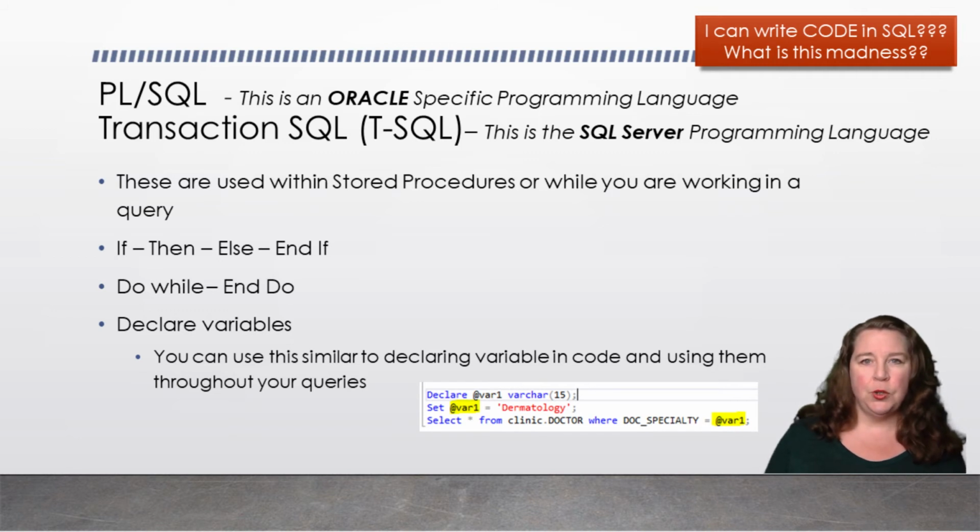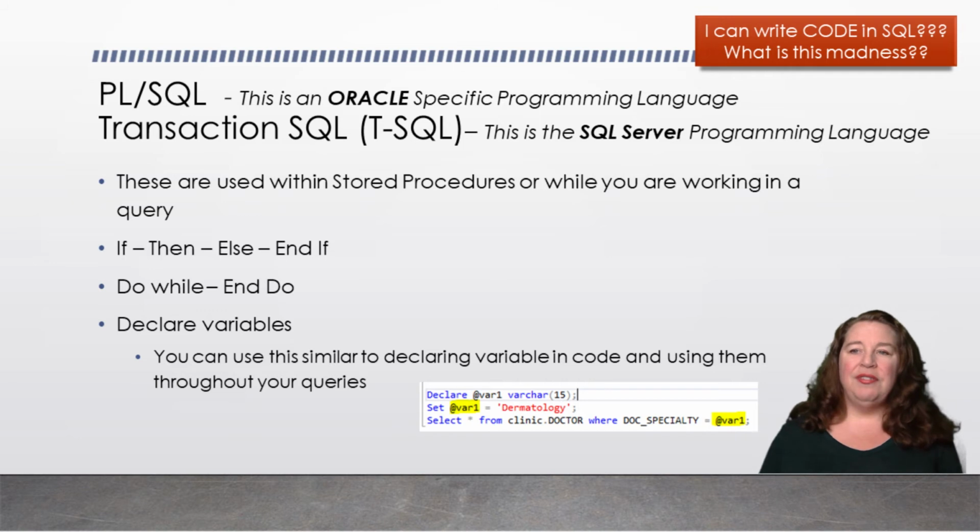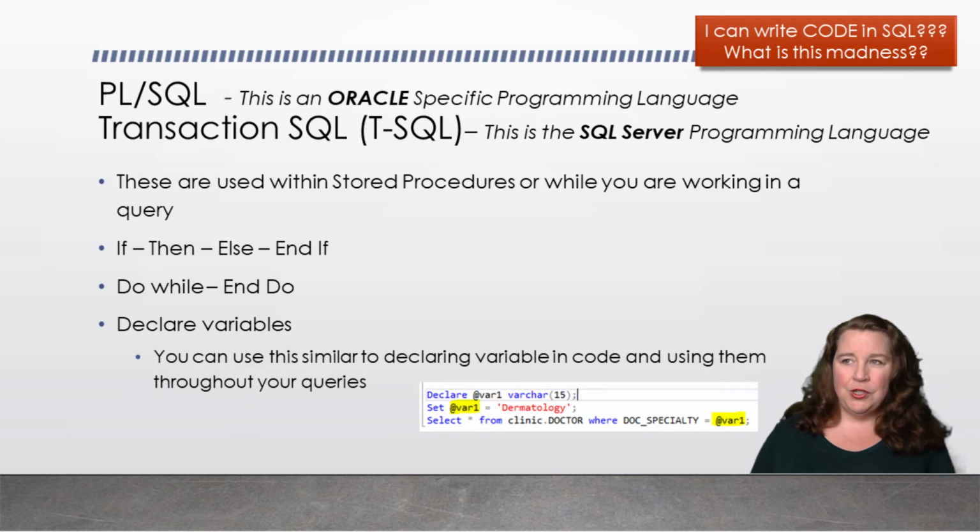It's a procedural language in SQL, and Transact-SQL or T-SQL is the one in SQL Server. They are both programming languages in SQL, and they do have the ability to declare variables, and they do have the ability to do if-then statements or do-while statements. We're going to talk about this in about 3 more slides when we start getting into procedures, but yes, you can write code in SQL.